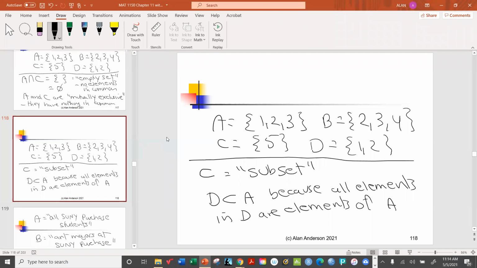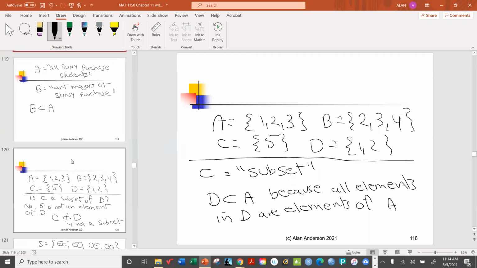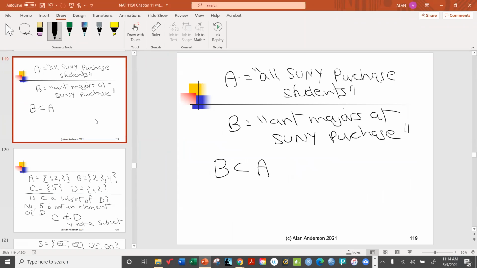Now, there's also a concept that we need to consider here as well. I just wanted to give you another example here, which is more kind of real world-ish. And that is the idea that, let's say we have two sets, which are students now. And let's say A is all SUNY Purchase students, B is all the art majors.